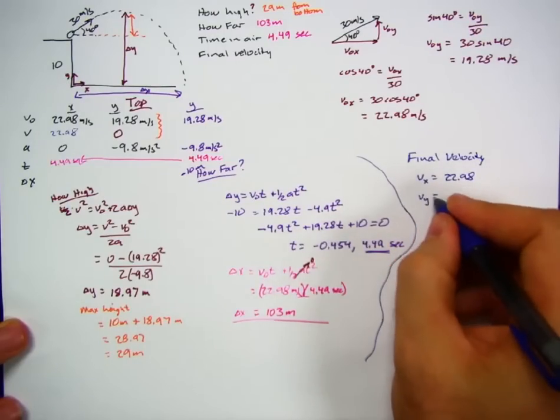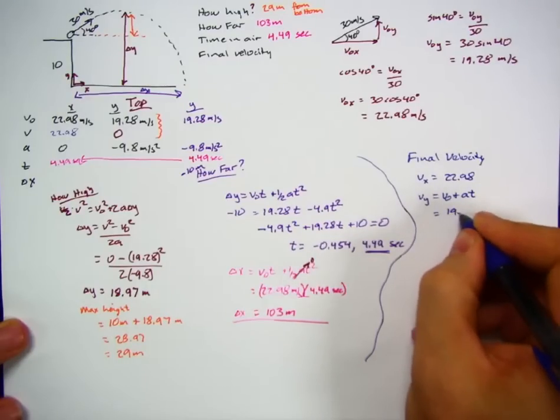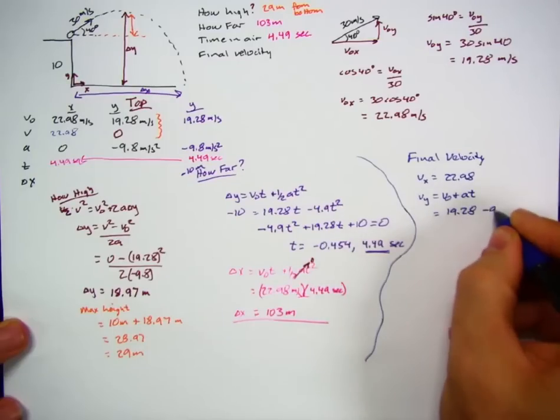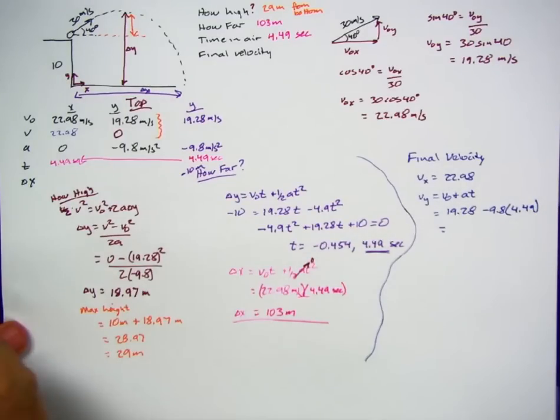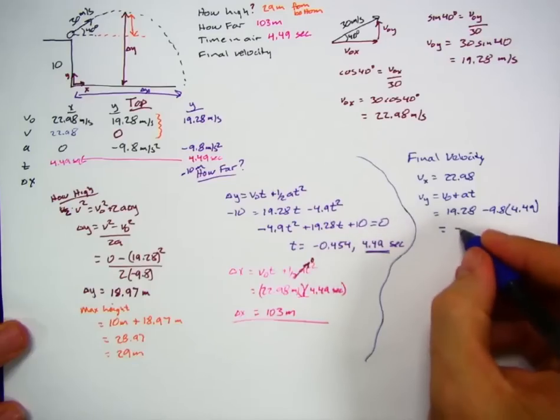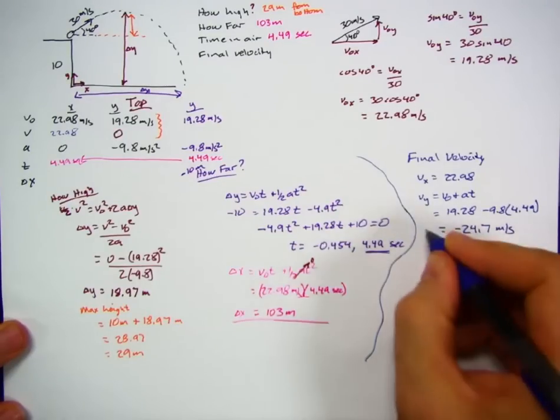Velocity for y equals v0 plus at. So it's going to be 19.28 minus 9.8 times 4.49. 9.8 times 4.49 is, and we end up with a final velocity of negative 24.7 meters per second in the y direction.